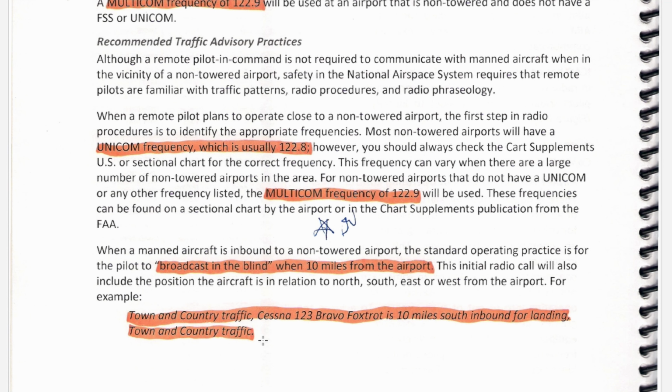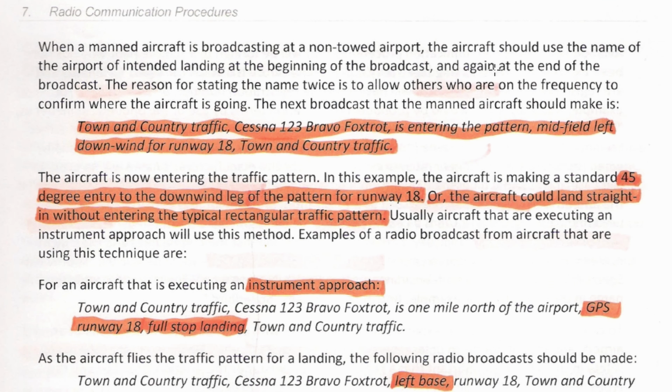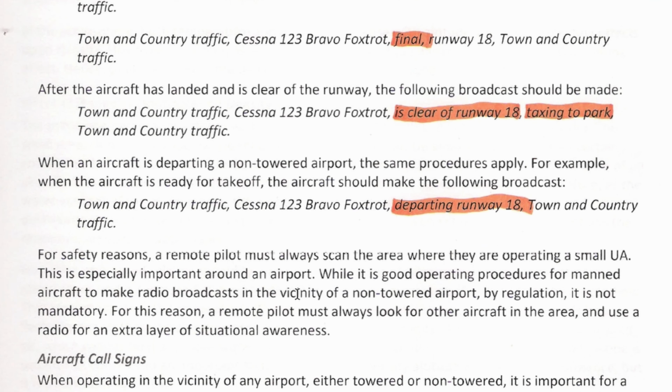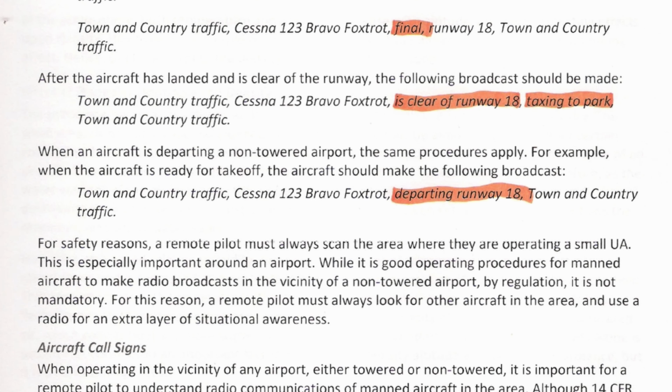You were supposed to determine where the aircraft was on the chart. So entering the pattern, 45 degrees, downwind leg. Anyways, you need to know those. Those are the key words. They're going to say left base, final, clear of runway.